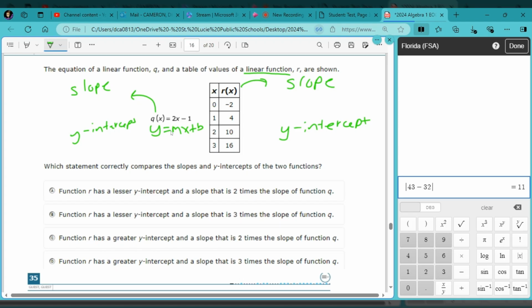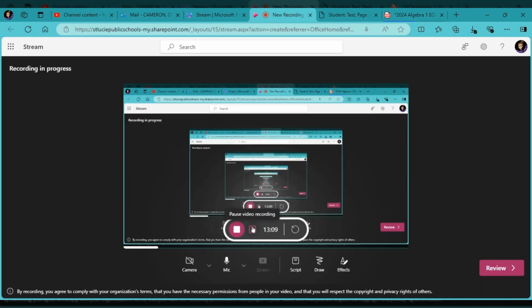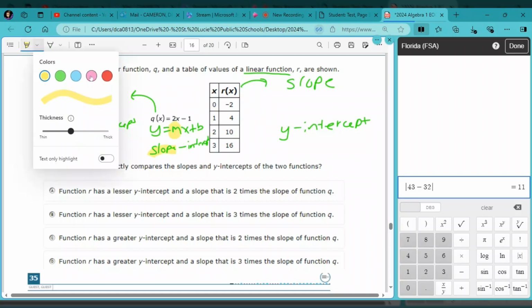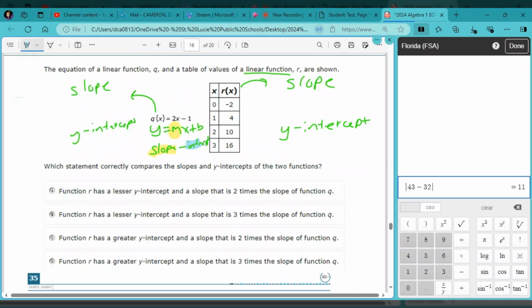The name of this form of a linear function is called slope-intercept form. Knowing that helps you remember that the letter m is the slope and the y-intercept is the letter b.